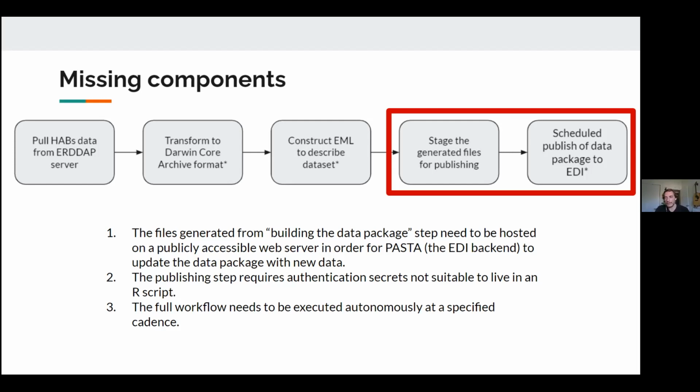And then the final challenge, and in some ways the biggest one, was: we have this workflow, we have each of the steps to generate our package and to publish it, but how do we automate this? How do we make it run so that I don't have to touch it, I can just say run on the 1st of every month, or every other Friday, or something like that.